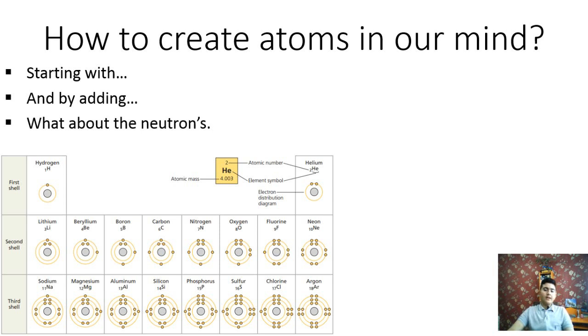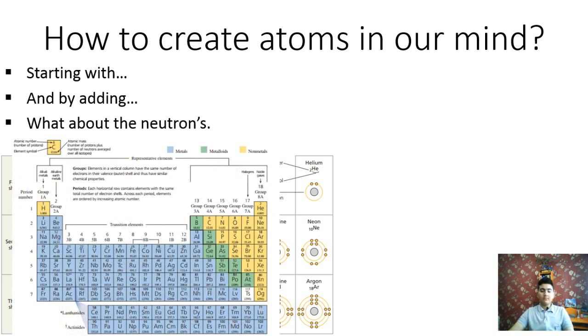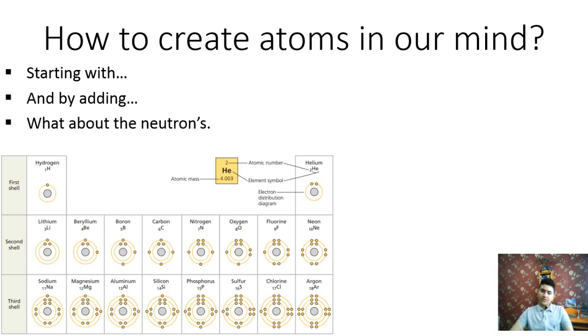And the left-right sequence of elements in each row corresponds to sequential adding of electrons or protons. This picture is a modified version; the complete version of the periodic table is larger.